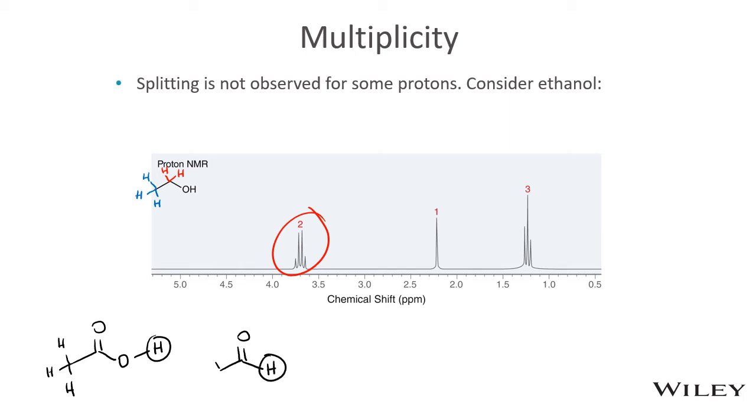Occasionally, you might see some minor splitting with hydrogens that are very close by within that 3 bond range, but again, it's very rare. Amines are very similar to alcohols. Amines also have labile hydrogens, and so they're easily removed and exchanged with the solvent that the NMR is being run in or with other amines. So with these we typically don't see splitting.